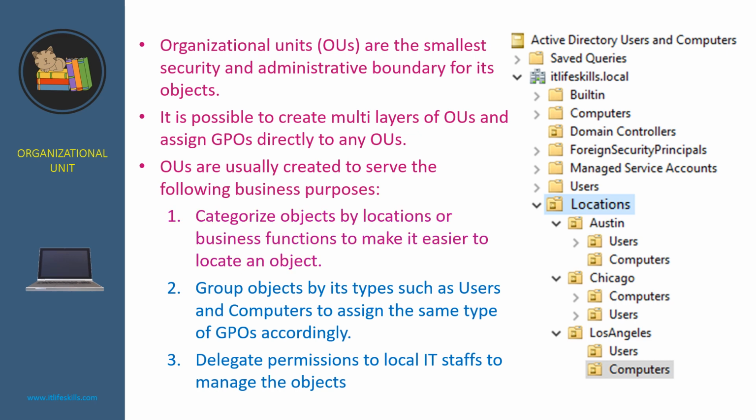First is to categorize objects by locations or business functions to make it easier to locate an object. The second is to group objects by their types, such as users and computers, to assign the same type of GPOs accordingly. And the last one is to delegate permission to local IT staff to manage the objects.